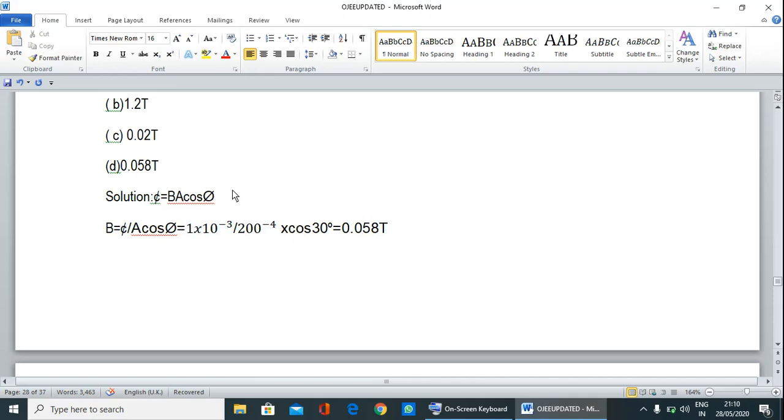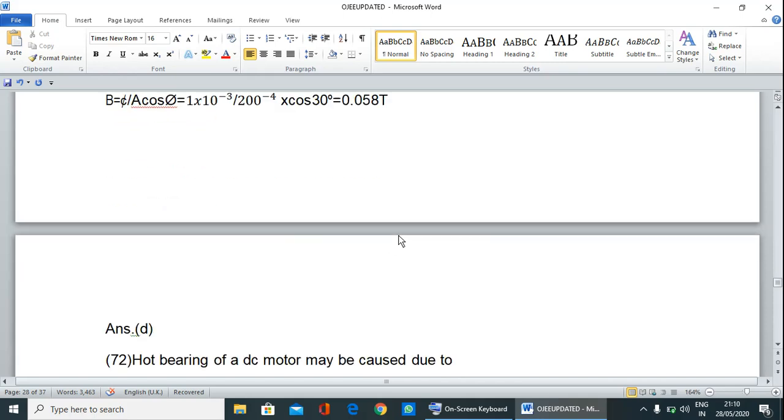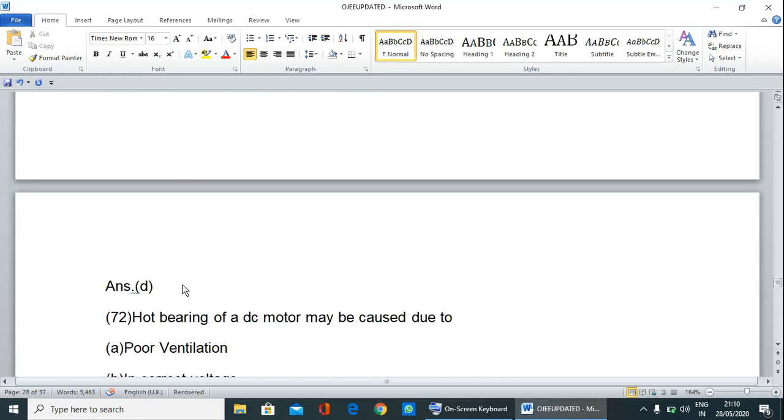Phi is already given. Therefore, B is equal to phi by A cos phi, that is 1 into 10 to the power minus 3 divided by 200 to the power minus 4 into cos 30, that is 0.58 Tesla. So correct answer is D.